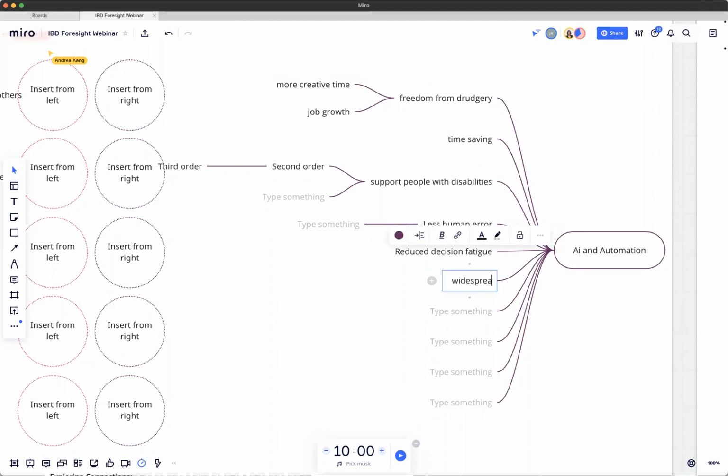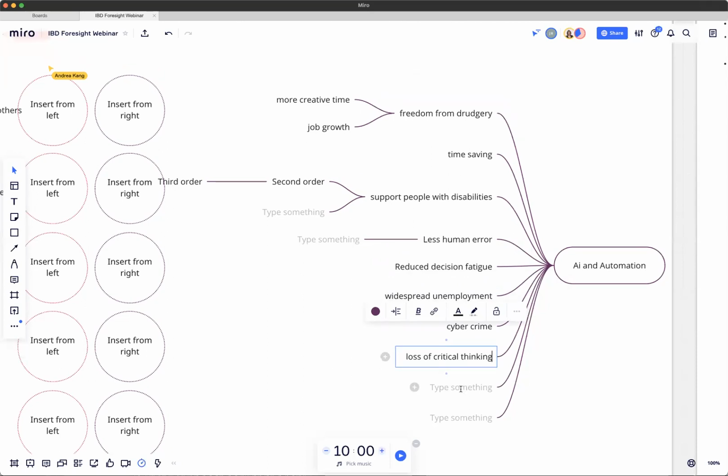All right, so we have collapse of low skill, low knowledge labor, loss of skill, farming out intelligence, data stealing, the lost ability of critical thinking. Let's see, more bias built into AI and automation.